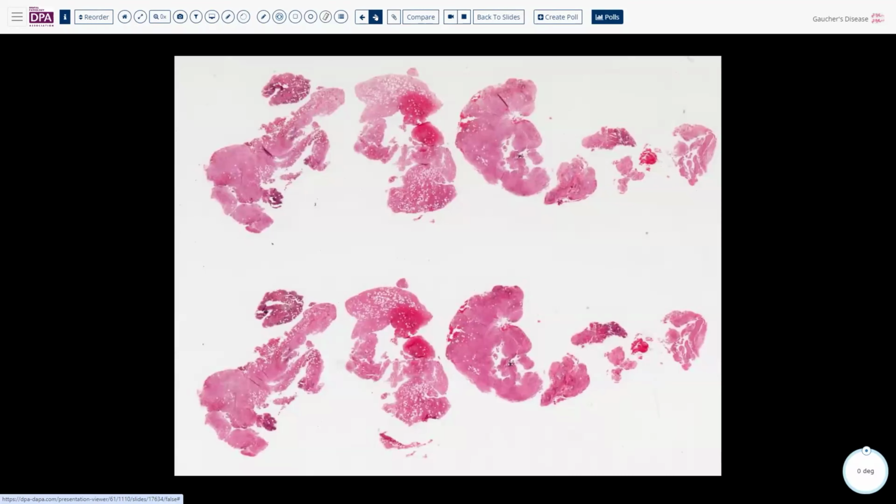Okay, well, our next case, I will admit that this is almost a unicorn type of case. It's very unlikely that you're going to see one of these cases in your experience.